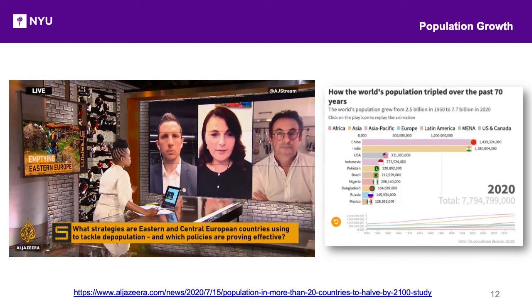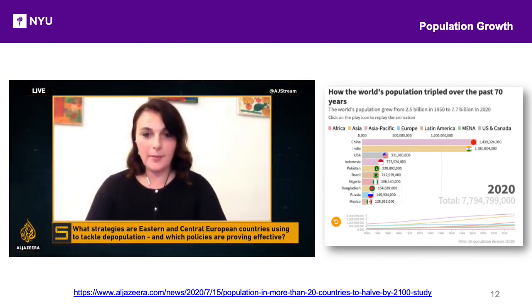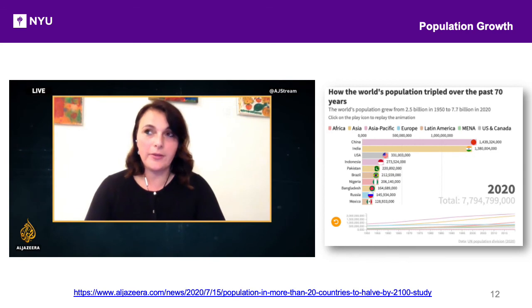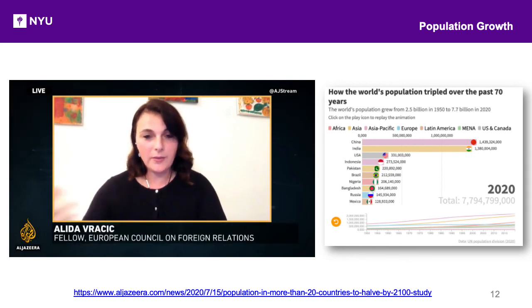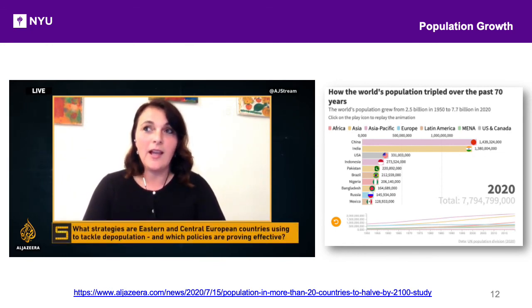Absolutely. May I just add to this? Please, Alida, go ahead. One way to think about this is that there is no way to actually prevent this trend, because departures will continue happening. And there was a myth for some time that once you become part of the European Union, this will stop. Just looking at the example of Croatia, one can see that this doesn't make sense, because Croatia has lost like 200,000 people since it entered the European Union in 2013.